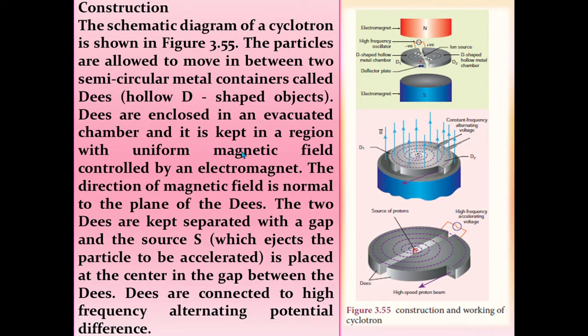Then construction of cyclotron. The schematic diagram of cyclotron is shown in figure 3.55. The particles are allowed to move in between the two semicircular metal containers called Ds, hollow D-shaped.